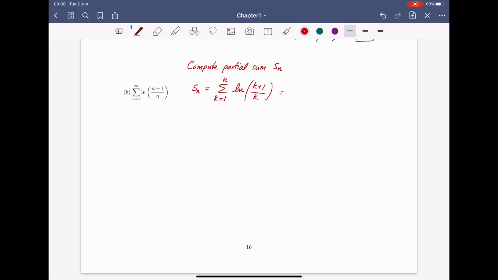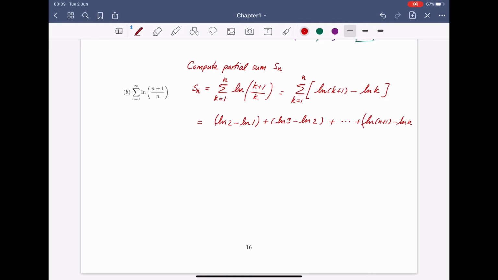Using the property of logarithm, this is going to be log of k plus 1 minus log k. And then I expand everything, so I have log 2 minus log 1, this is the first term, and then plus log 3 minus log 2, this is the second term, plus dot dot dot, and then the last term must be log of n plus 1 minus log n.